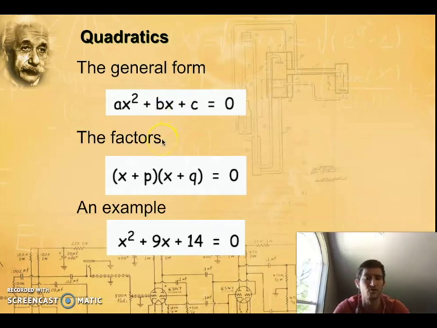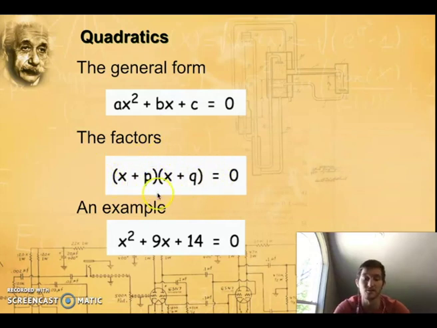All right, and so if we wanted to factor this quadratic, we could write it in the form x plus some quantity p times x plus some quantity q, right? And then when they're multiplied, we could do x times x, that would give us x squared, then p times x, that would be px, and then we would have x times q, that would be qx.